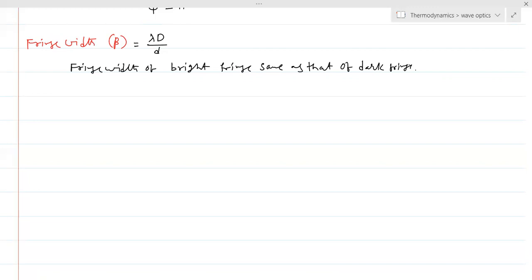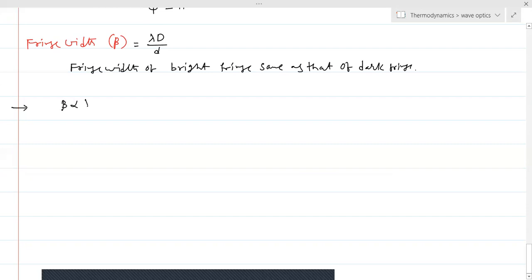So after taking this, now we will analyze the questions based on YDSE. The first one is beta is proportional to lambda.